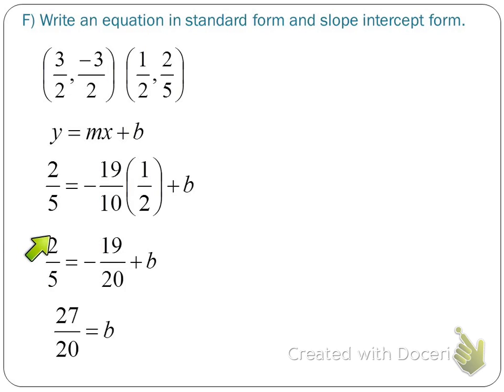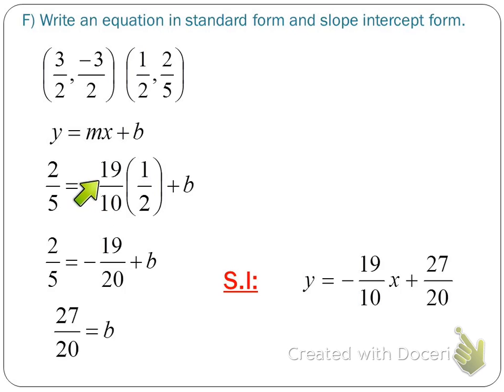So 8 over 20, and you end up doing 8 plus 19, which is 27, and then the 20s stay the same. Now you can write it in Y equals MX plus B, where M is -19 over 10, and B is 27 over 20.